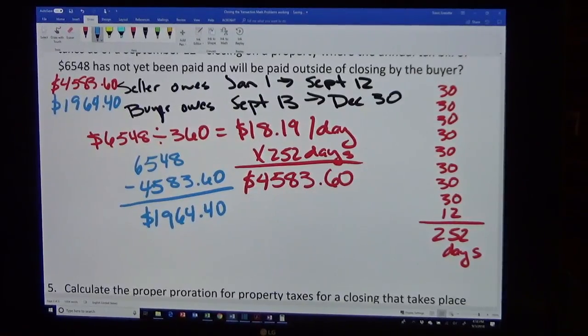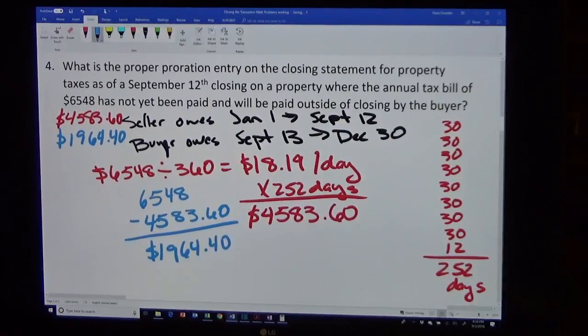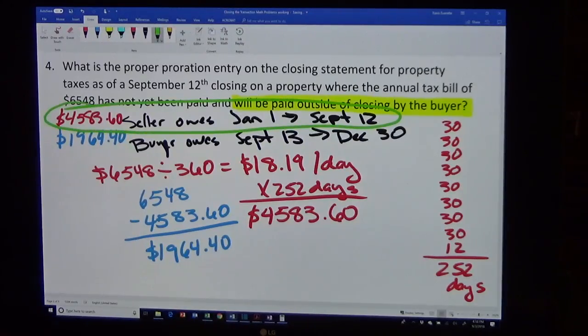Now we need to know which one of those we need. And so find what they tell us. What happens? It says, has not yet been paid and will be paid outside of closing by the buyer. Well, if it's paid outside of closing by the buyer, then we want the seller side here.